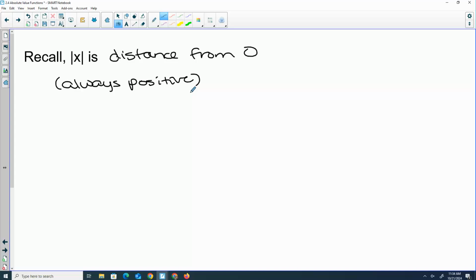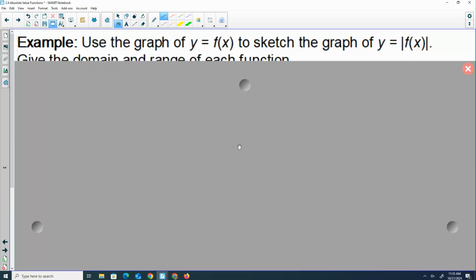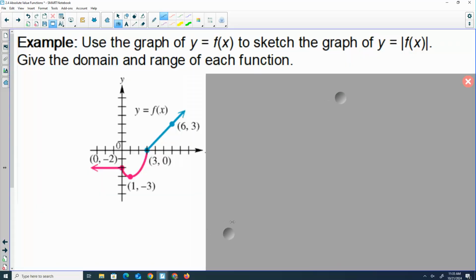All right, I want to first look at a graph and then kind of start getting into the solving. So if I gave you this graph and asked you to graph the absolute value, okay, we don't even know the equation from it, but we could get the graph of the absolute value function.